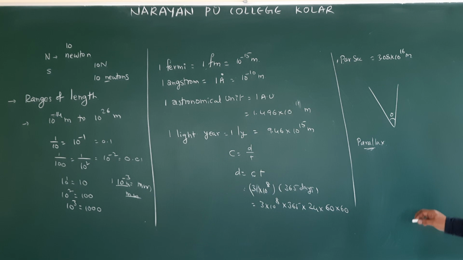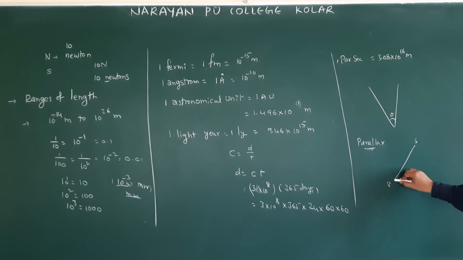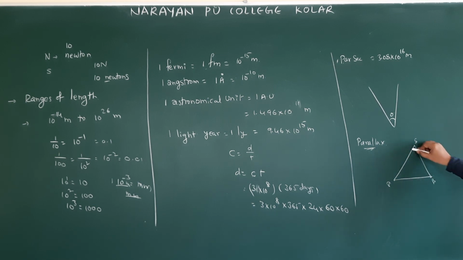How do we do it? If you want to find a planet's distance, we observe from Earth. Let this be one planet. At one point A we observe it, then we move some distance to B and observe again. This angle is theta. Let the distance moved from A to B be small b.